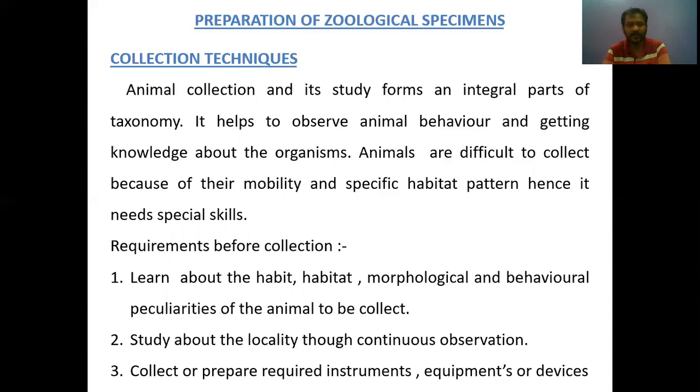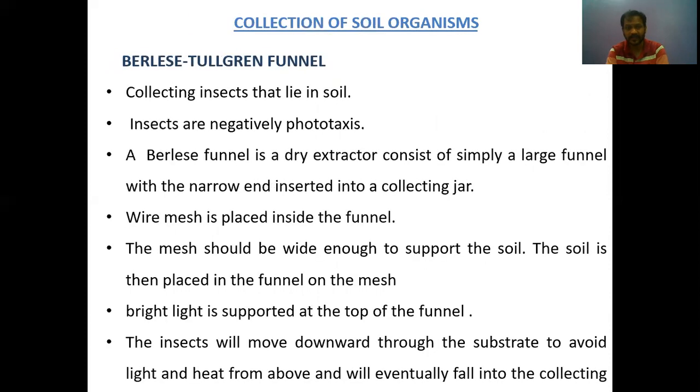We have to learn about the habitat, morphology, and behavior of the organism. Studying the locality through continuous observation, and for collecting different specimens, we need special equipment or devices.